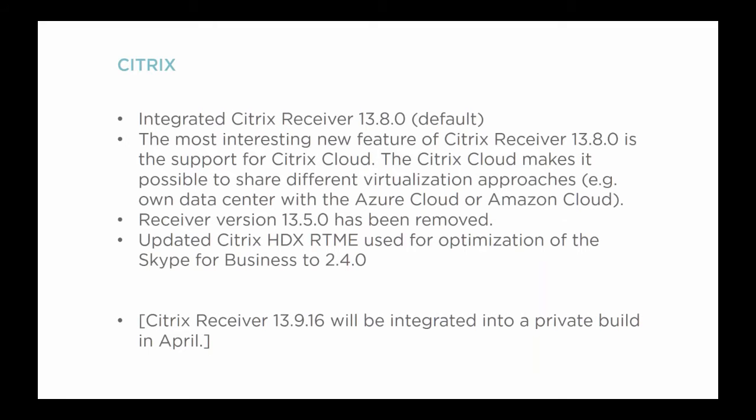One in, one out. Receiver version 13.5 has had to go. And along with the new Citrix Receiver, we have a new version of the Citrix HDX real-time media engine, which optimizes, for example, video telephony with Skype for Business, and that's been updated to 2.4.0.